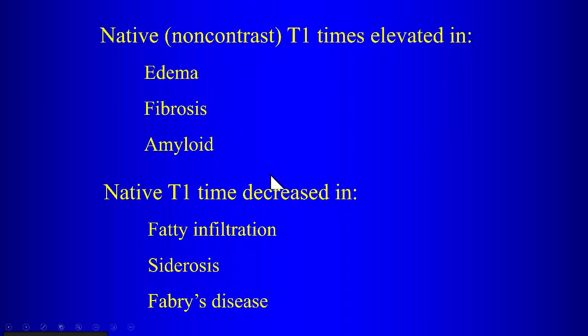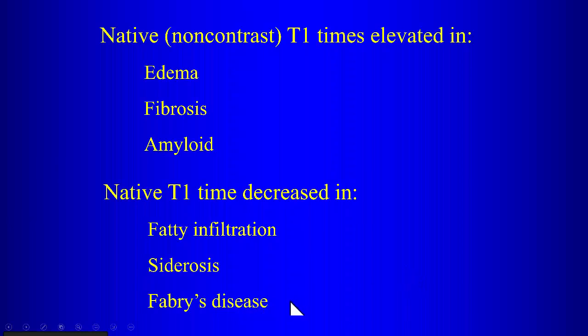There are conditions, though, where the T1 time will be decreased, okay? First, fat has a short T1, right? So T1 times will be decreased if you have fatty infiltration. Iron also will shorten the T1 time. So you can do T2 star weighted imaging for iron deposition, or you can do T1 mapping for iron deposition. So it can show up here too as a shorter T1 time.